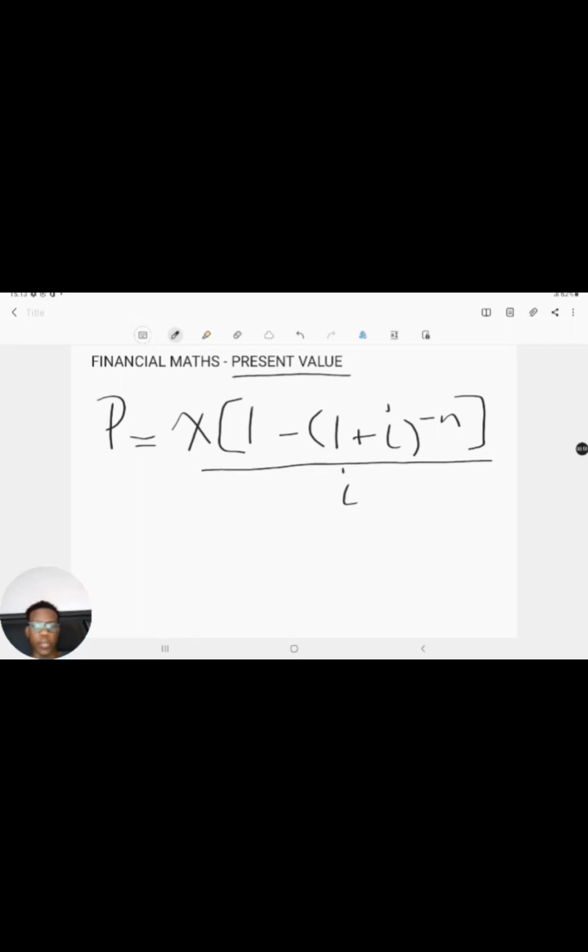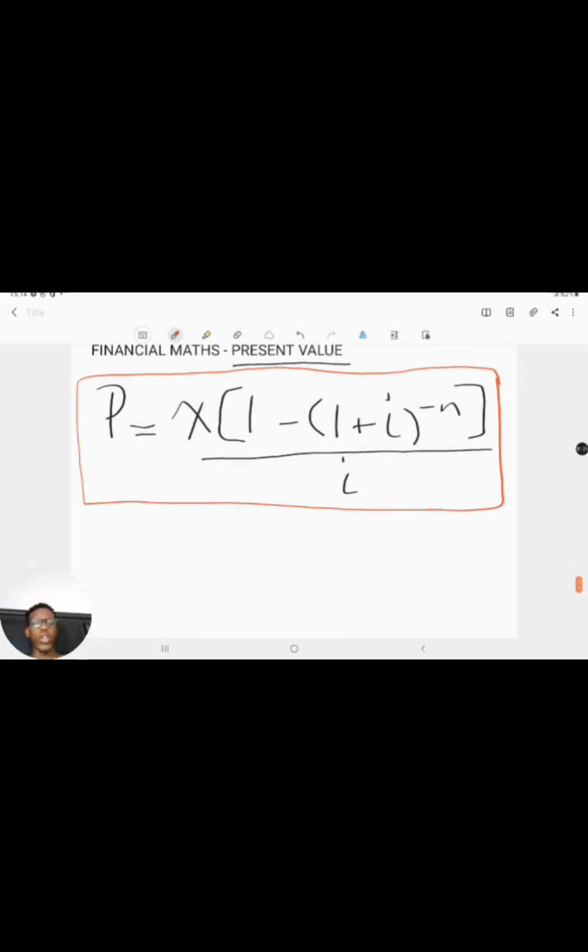So that is the equation of the present value annuity. I'm going to put it in a box to show that this is a very important equation you need to understand. Let's put some context into where, when, how and why you would use this equation.